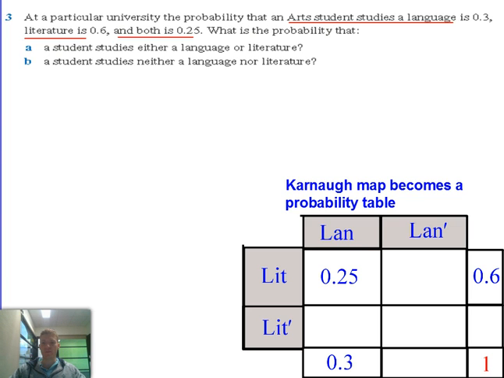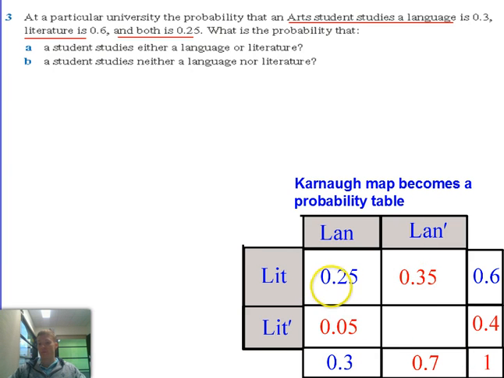Now, the next thing is, remember the idea that the rows and the columns must add to give you the outside values. So I have 0.25 plus another 0.05 is going to give you a 0.3. And adding this row, this missing probability must be 0.35 for this to add to 0.6, and so on.